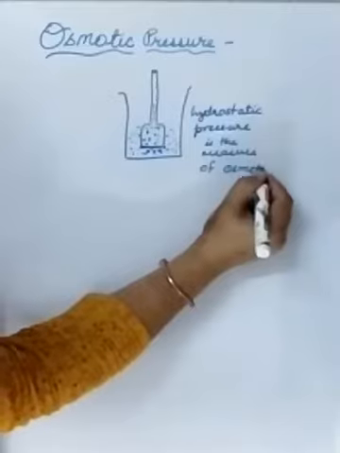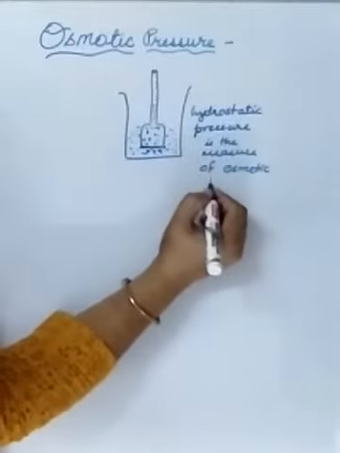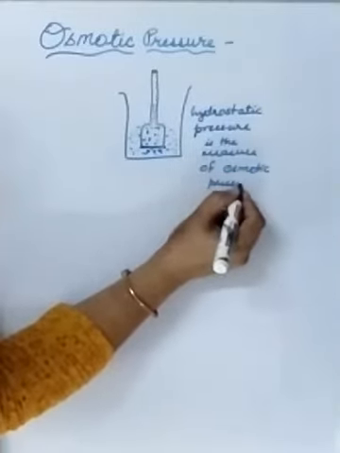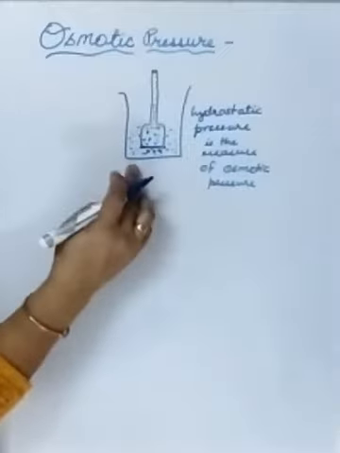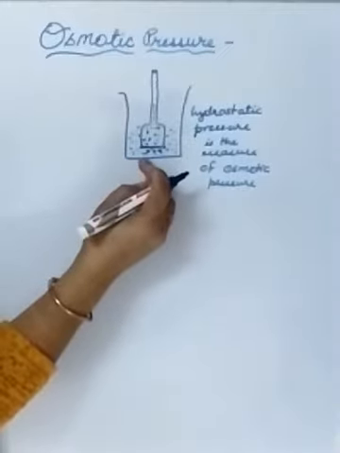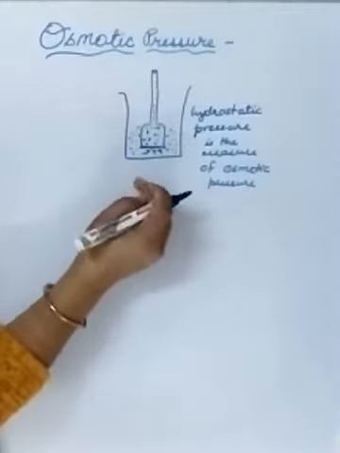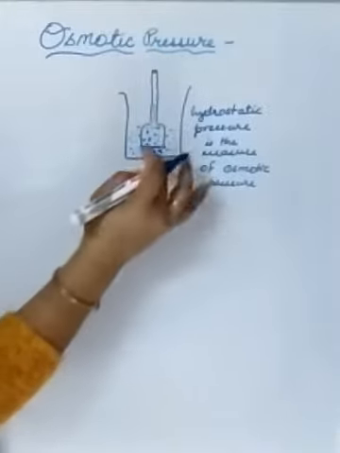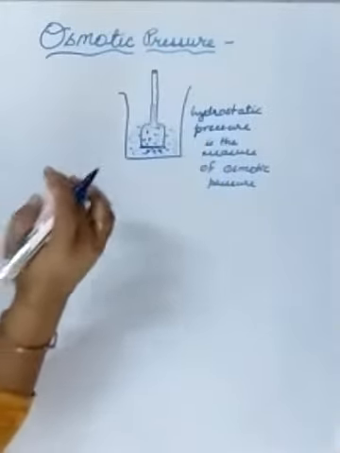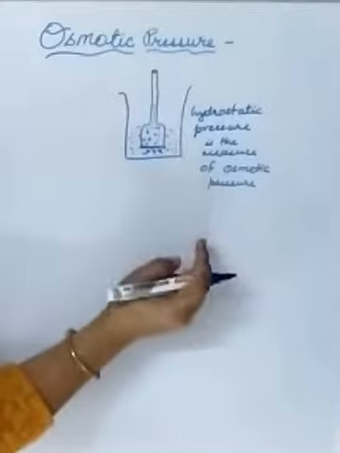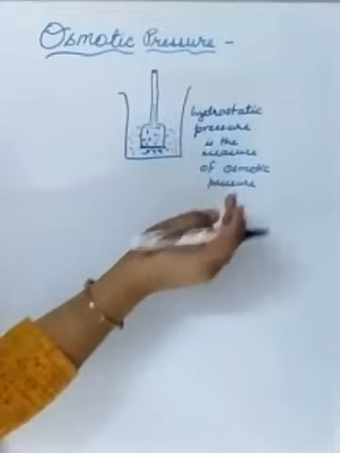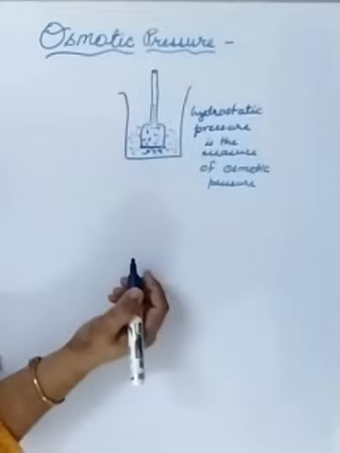So we saw in this osmosis experiment that water particles move inside the thistle funnel and the level of the solution increases. A hydrostatic pressure develops which is the measure of osmotic pressure.